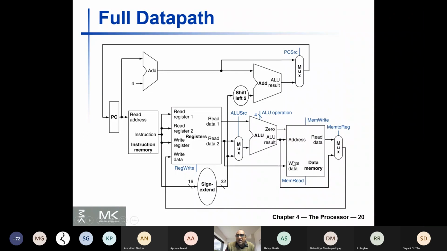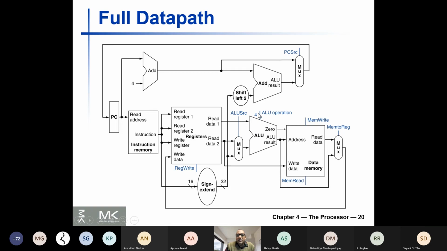Similarly for memory, when to read or when to write, we use the memory write and memory read control signals. Another thing is that here we have the ALU. You know that the ALU is a multifunctional unit, which we have already seen is capable of performing various arithmetic and logical operations.